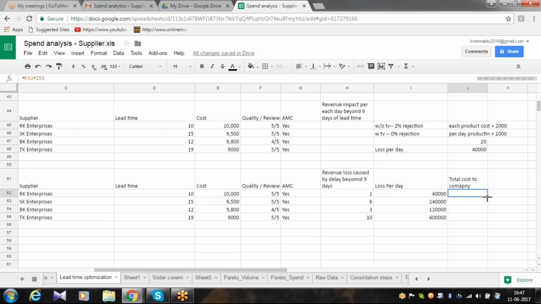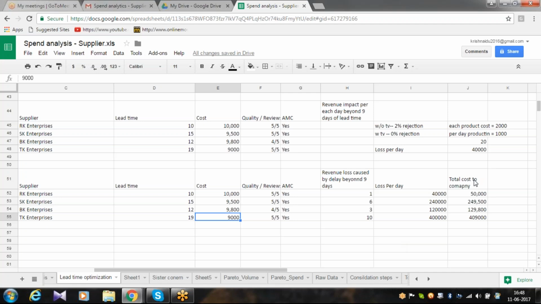I'm dragging this formula. So now the total cost to company is 50,000 rupees, which is coming from RK Enterprises. Although TK Enterprises was the lowest in cost, the revenue loss which is happening because of delay is the highest in the case of TK Enterprises.